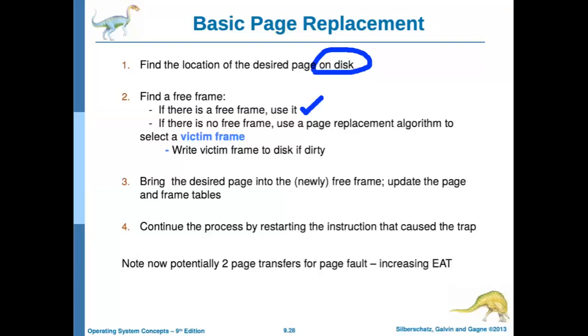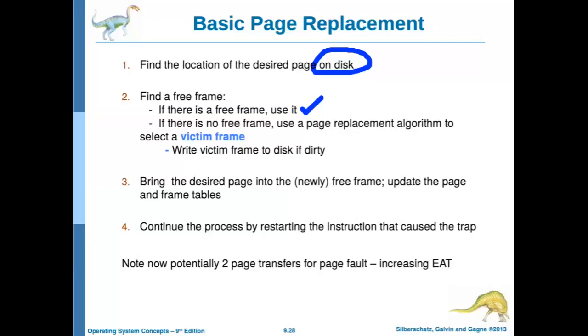So 2 disk IO operations are required. If you want to increase the performance, while selecting the victim we can play a trick. If we select a victim whose dirty bit is not set, then we can definitely save 1 disk operation.